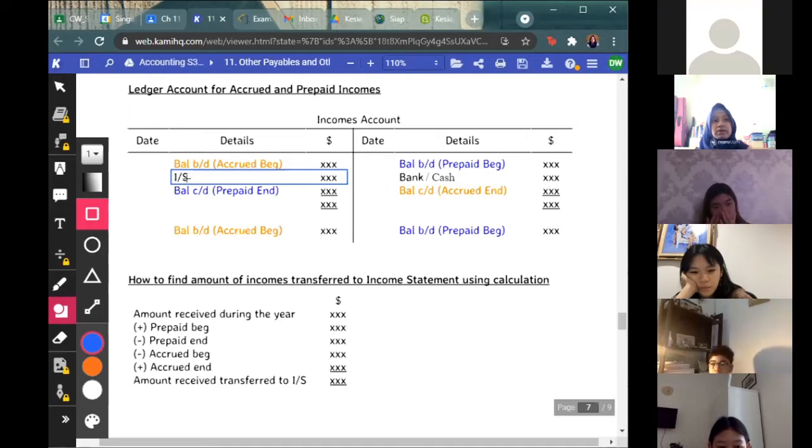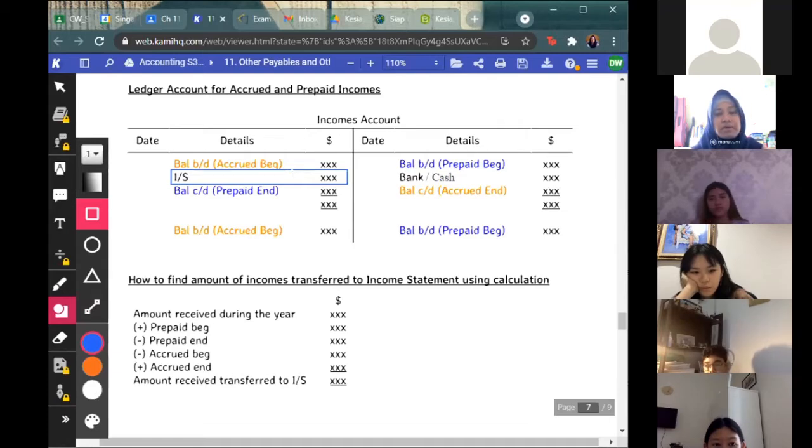If you want to find this IS, similar to what we have done in the expenses account, we will add all the credit side, and then we will deduct balance CD and balance BD of accrued beginning and balance CD of prepaid at the end, because this IS will become the balancing figure. Okay, now remember always in accrued and prepaid, the information that will be given is always the beginning balance.